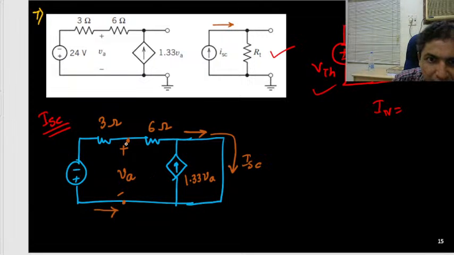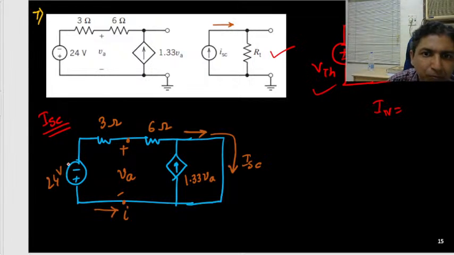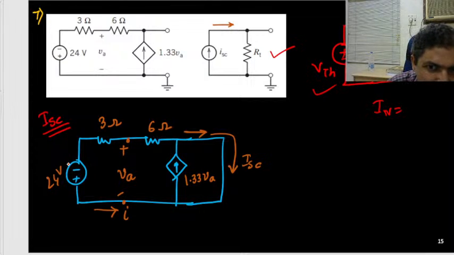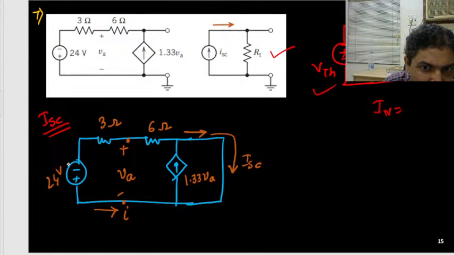Okay. So this is plus minus VA. Now, can you find out this current? Anybody? And remember that this is a 24 volt source. Or directly, you can also find out VA.